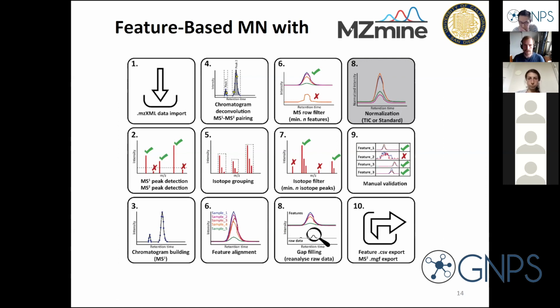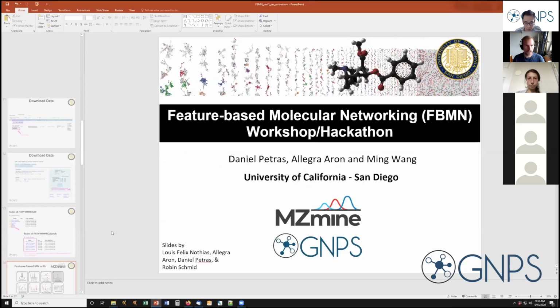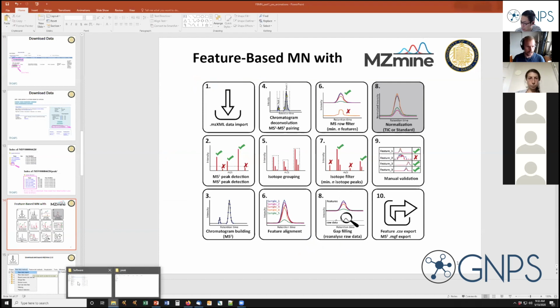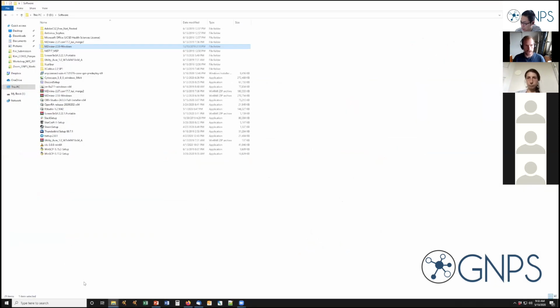All right, so let me go to MZmine. I downloaded the latest version, and I got a zipped archive file called MZmine 2.53 for Windows. I hope all of you managed to download that.